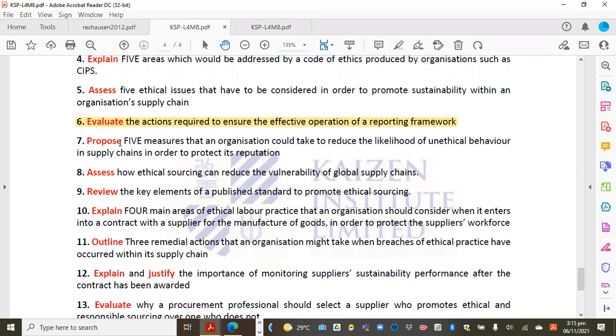What can you do to ensure that there are more checks? Yes, checks and balances. Very important.